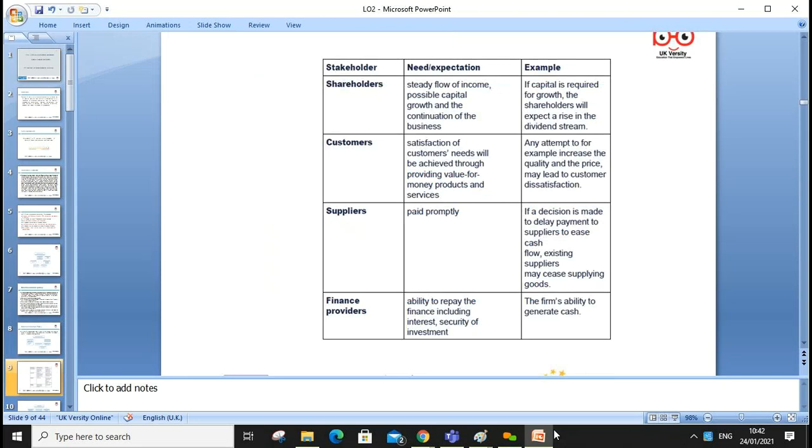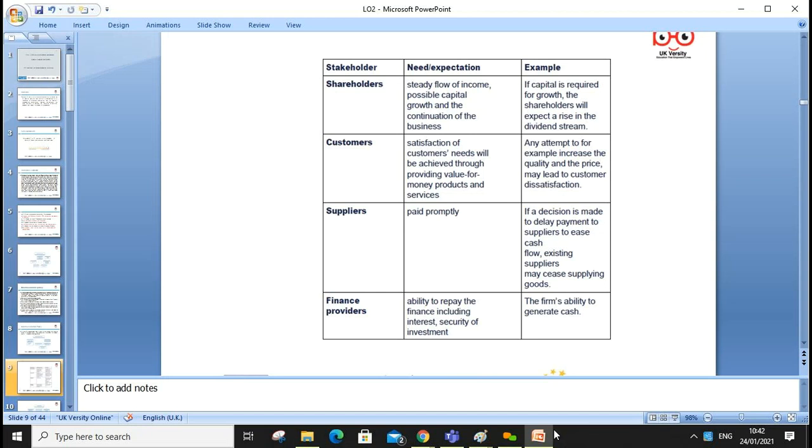Okay. Then any country's policy should reflect and meet the needs and expectations of the various stakeholders. Shareholders want a steady flow of income and possible capital growth. If capital is required to grow, shareholders will expect a rising dividend stream.